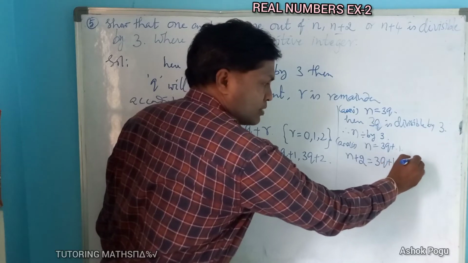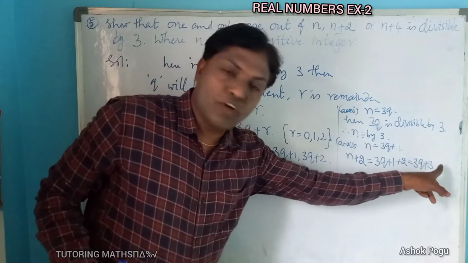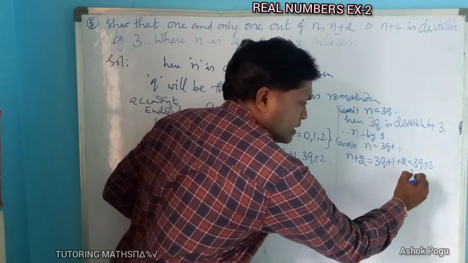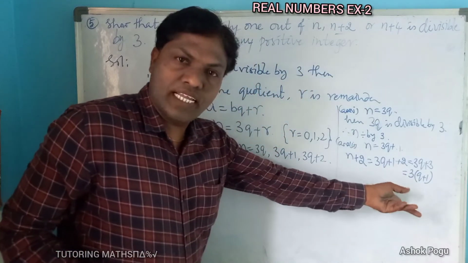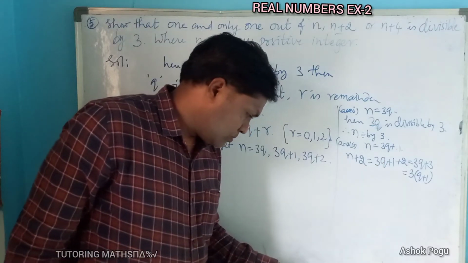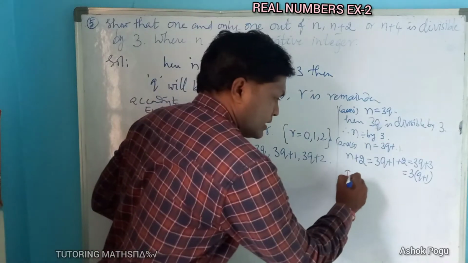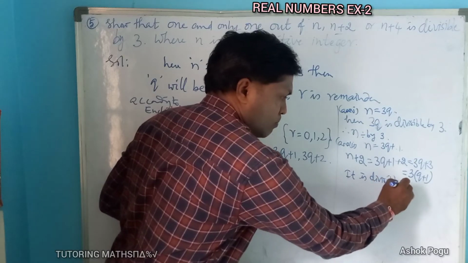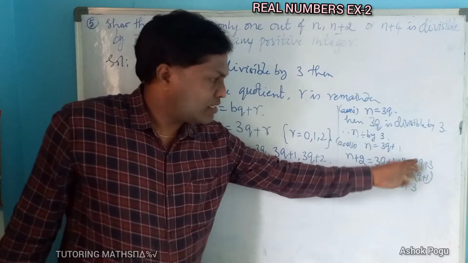This becomes 3q plus 3, which is nothing but 3 into q plus 1. This is divisible by 3. 3 is a common factor, so it is divisible by 3.